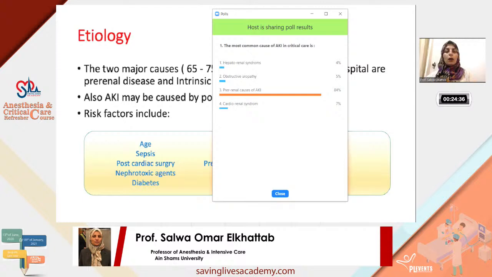It's almost 65 to 75 percent of AKI occurring in hospitals that are pre-renal. And it's shared between pre-renal and intrinsic acute tubular necrosis, or ATN. It can be caused by a lot of causes, as you know, with risk factors, again, as we mentioned before: being an aged person, having sepsis, being post-operative, especially for cardiac surgery, receiving nephrotoxic medications, having diabetes, hypertension, or pre-existing renal disease.